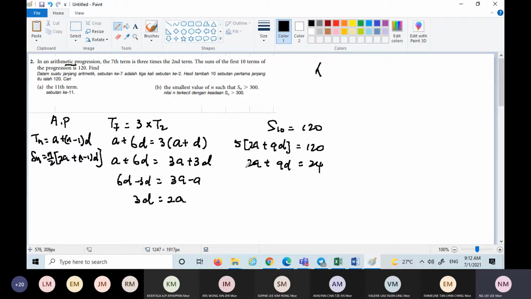You see, 2A is exactly here, so I can replace the 2A with 3D. So 3D plus 9D equals 24. So 9 plus 3, 12D equals 24, so D is 2.